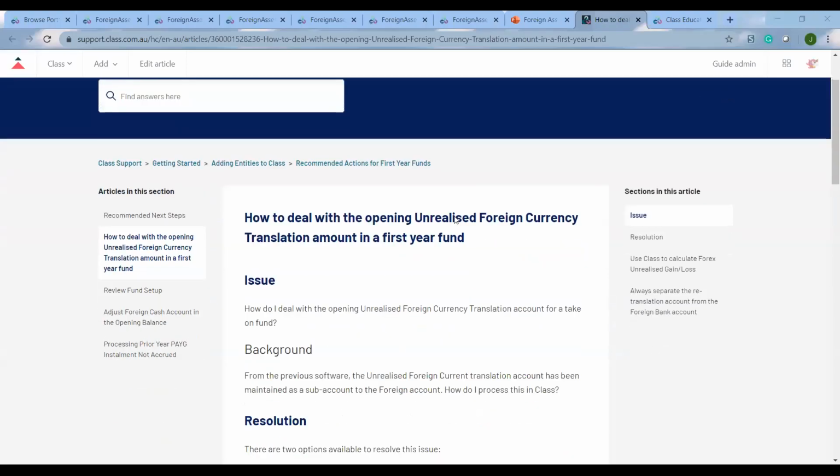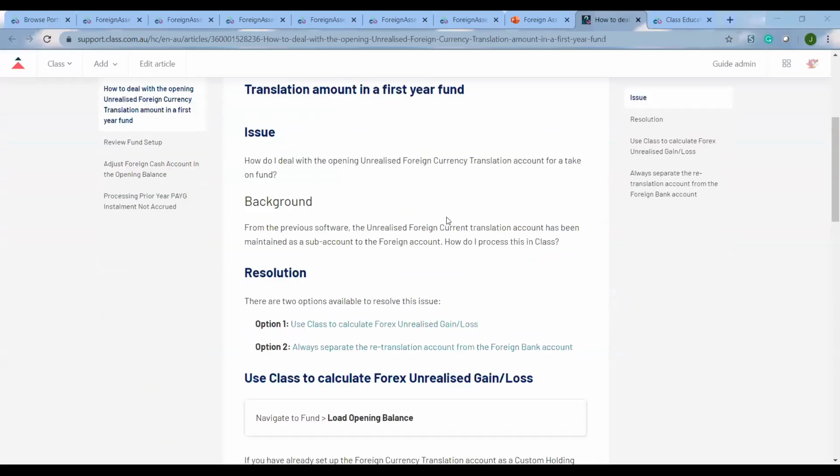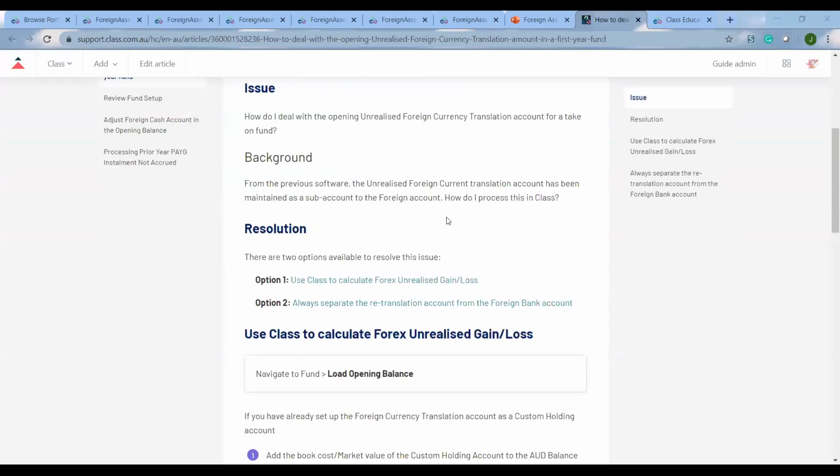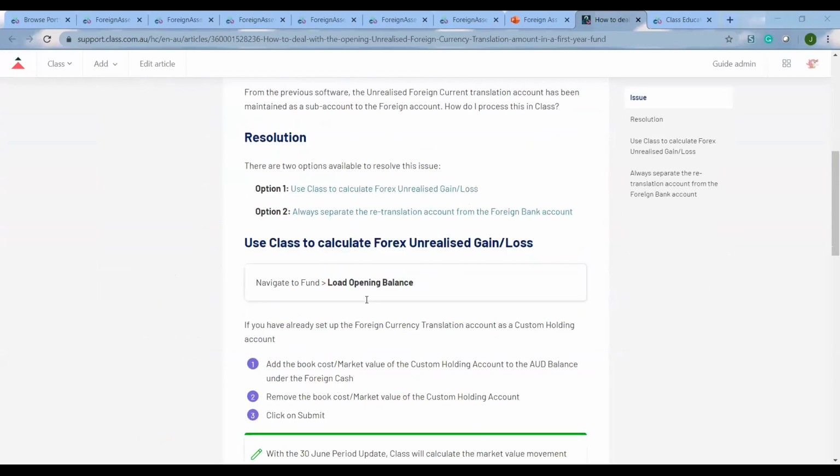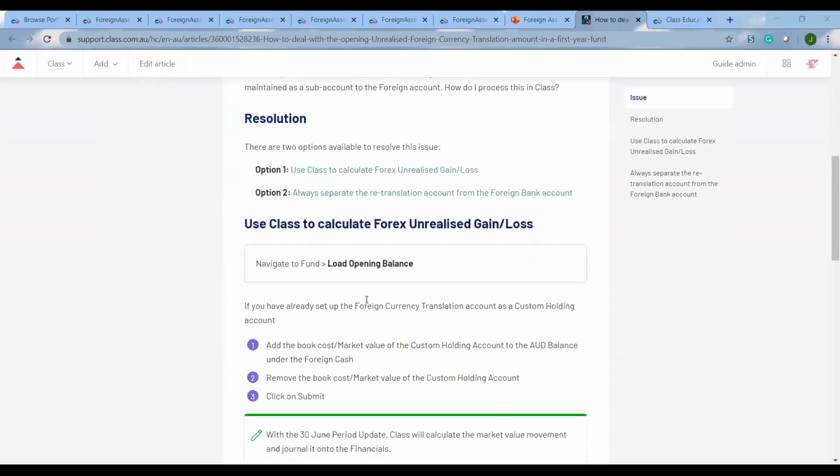Okay, so how do I do if we have this situation? So we do actually give you two options. One is to just use Class to do the end of the financial year Forex realized gain and loss, to take this up, use us to do the calculation and the journal entry.